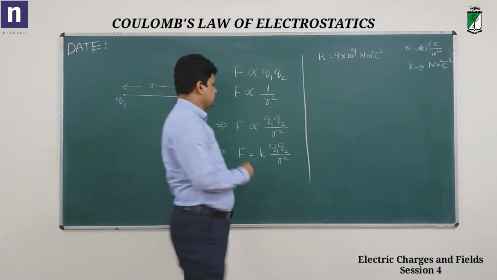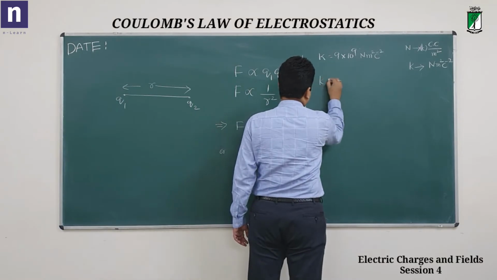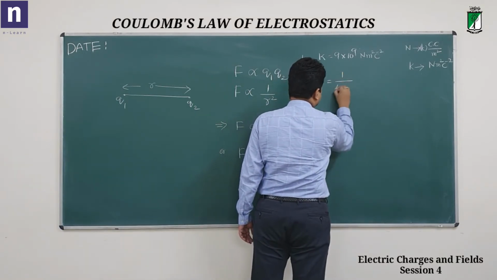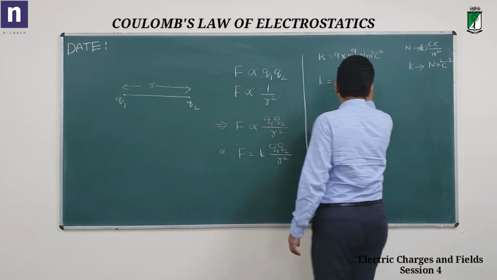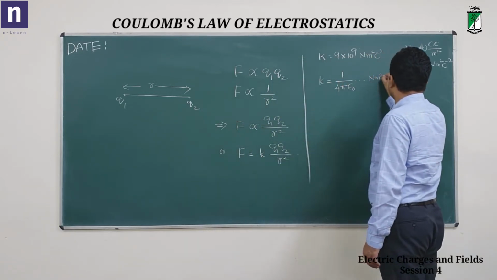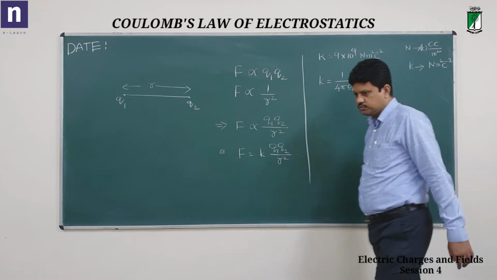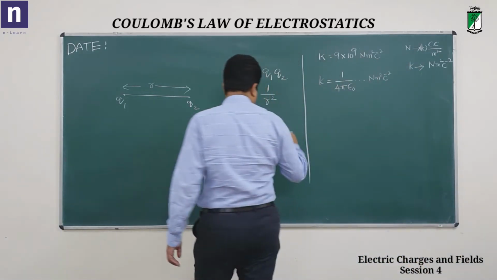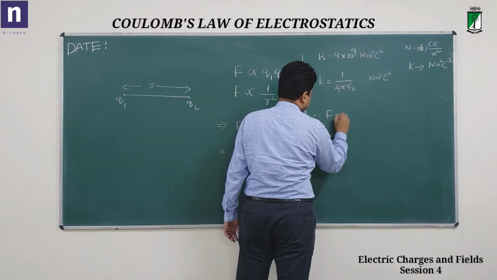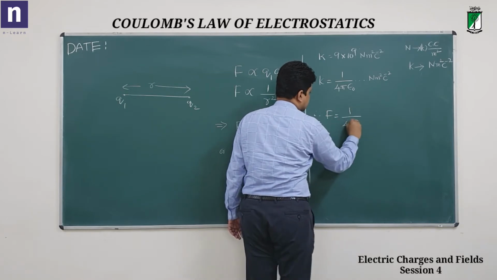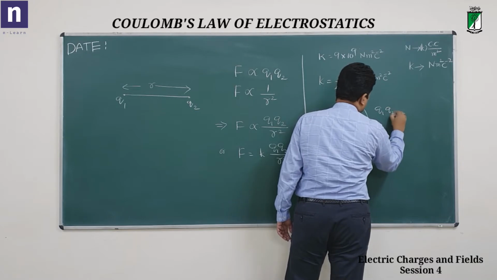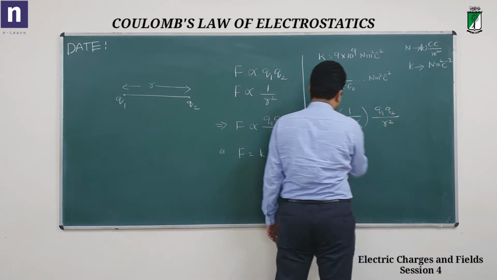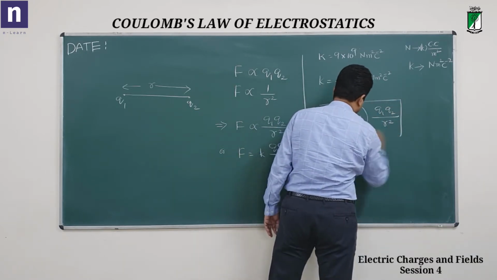Whereas later it was defined that this K is taken as 1 divided by 4 pi epsilon naught, and the unit is of course Newton meter square per Coulomb square, and of course force is in newtons. So therefore F is equal to 1 divided by 4 pi epsilon naught into Q1 Q2 divided by R square.